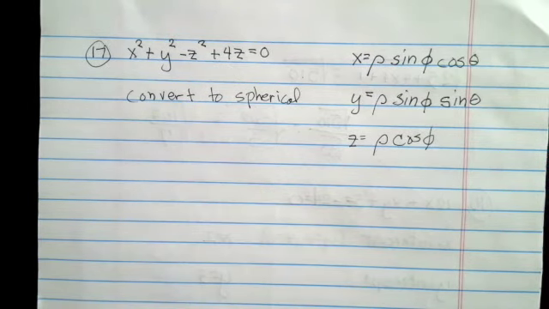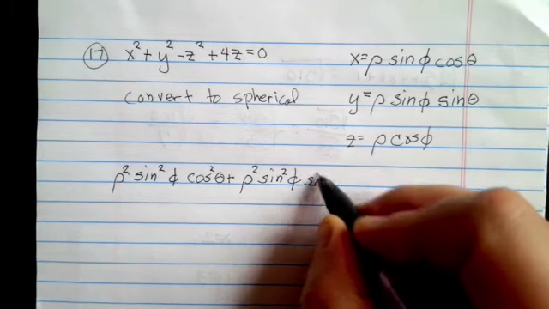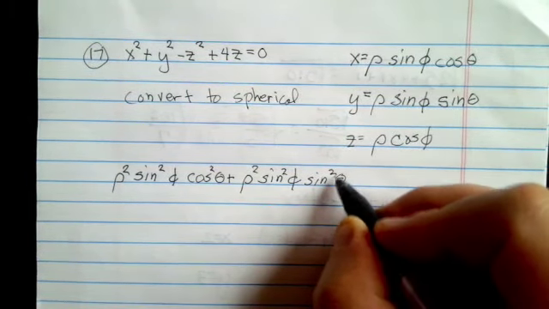Anyway, so here are these equations that we can use to convert from one system to the other. So I'm just going to make some replacements here. So the x is going to be replaced with rho sine phi cosine theta. And I'm going to square that as the x is squared. Now for the y squared, we're going to have rho squared sine squared phi sine squared theta.